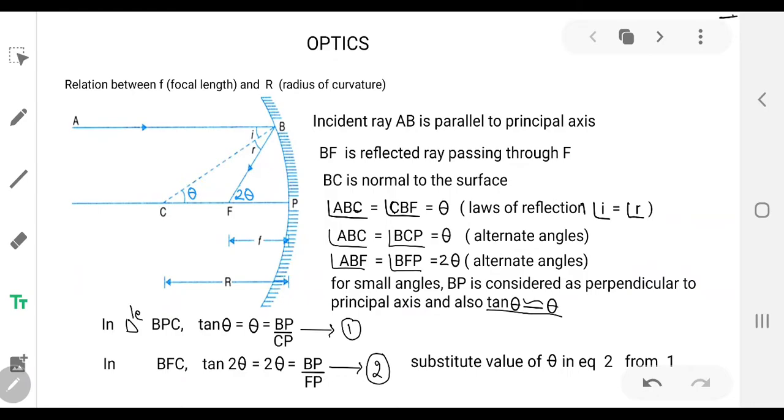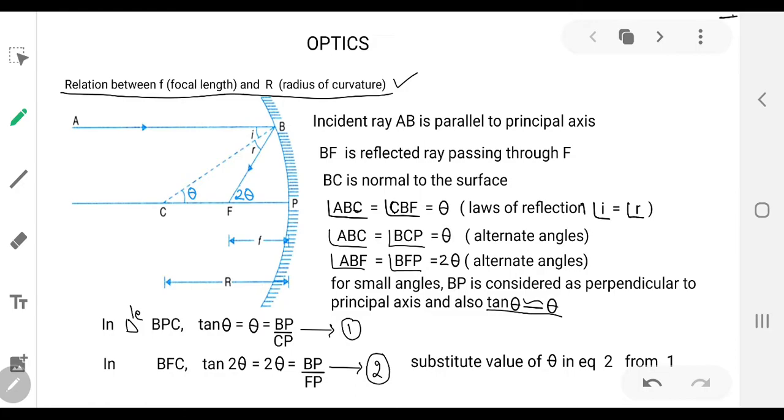So in this third part we are going to see how the radius of curvature and focal length are related. Today we shall study the relation between focal length and radius of curvature. For that, you have to consider a concave mirror.